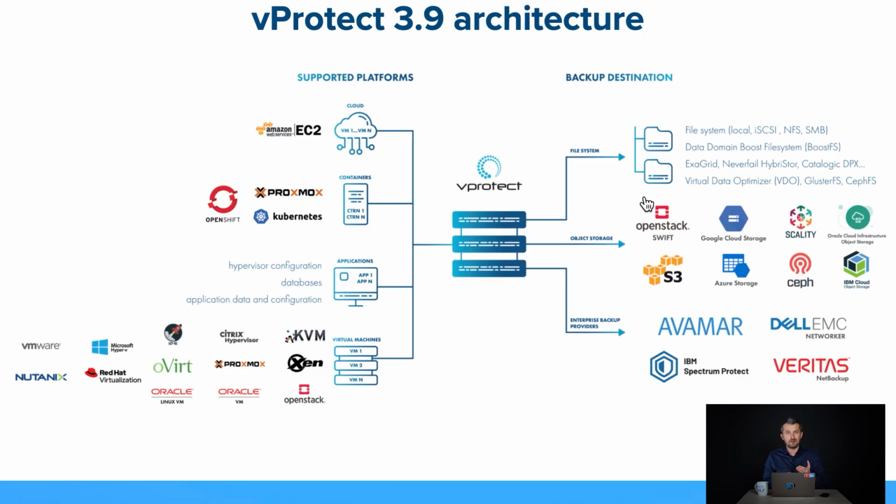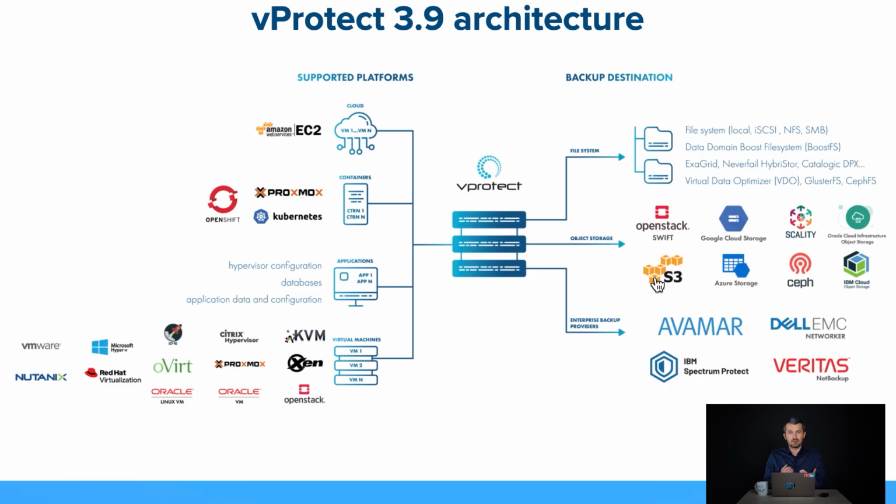You can see that vProtect can work in two different modes. In one mode, we are a fully independent vendor, so we can store the data on a file system or Data Domain or any VTL that gives us an NFS share. So we just need to see the mounted file system on one of our nodes, which I will explain later.